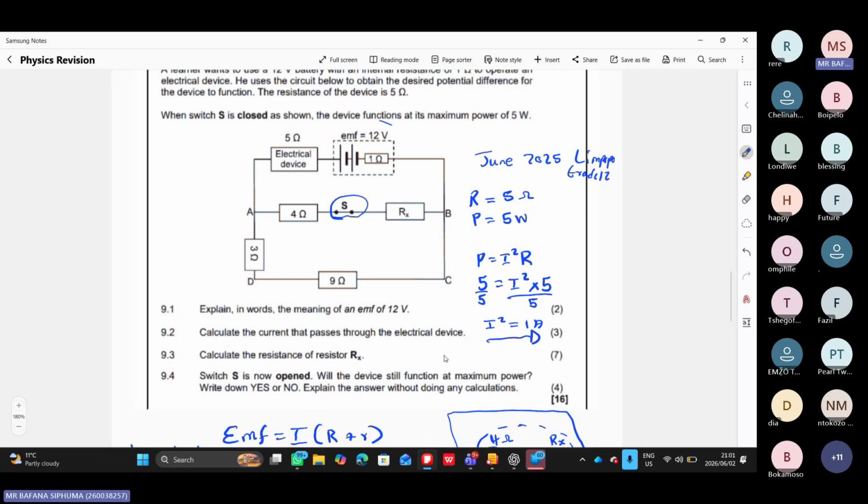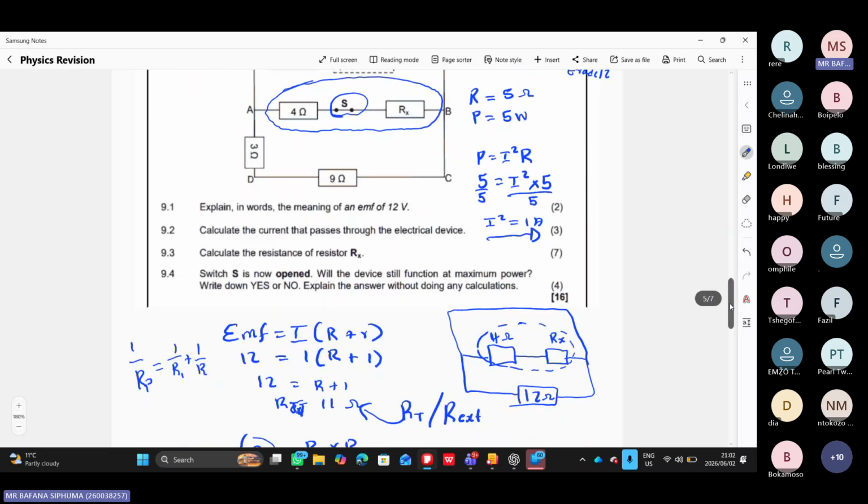When you don't stress, what do you do? When the switch is open, it actually means that this entire resistance has been removed. You understand?